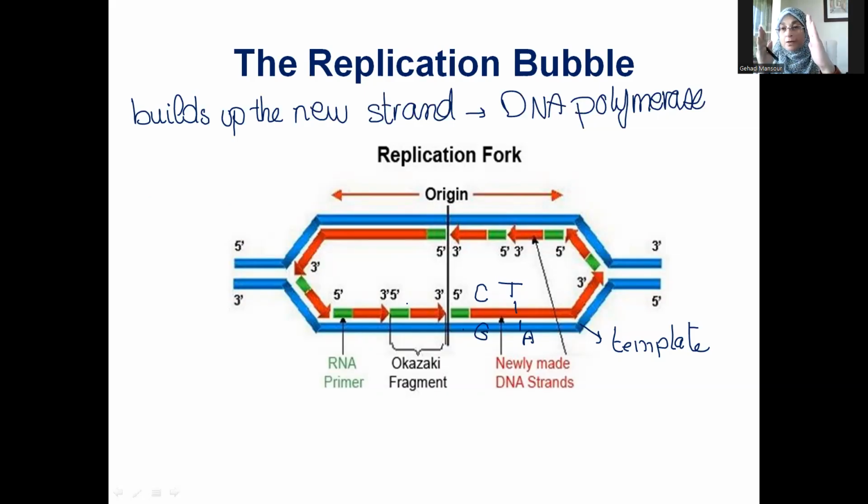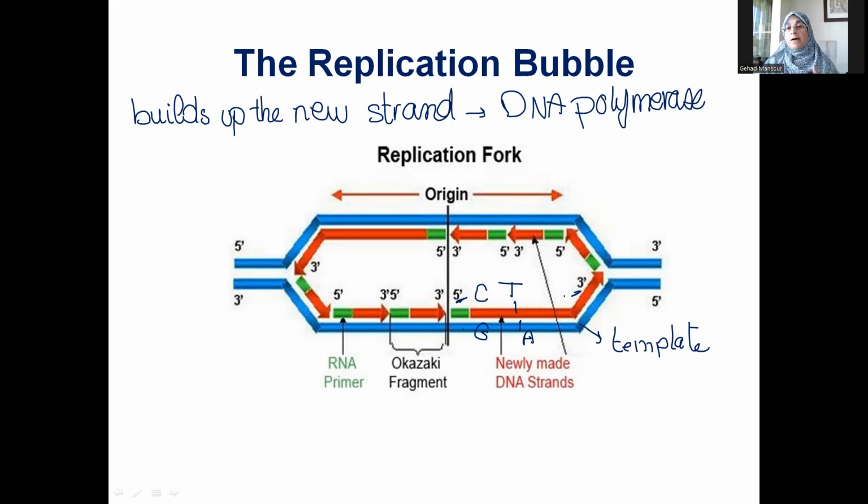After separating the two strands, we have two template strands, and each will build a new one on top of it. The first rule that DNA polymerase adopts is that it always builds the new strand in the direction 5' to 3'. What does this mean?